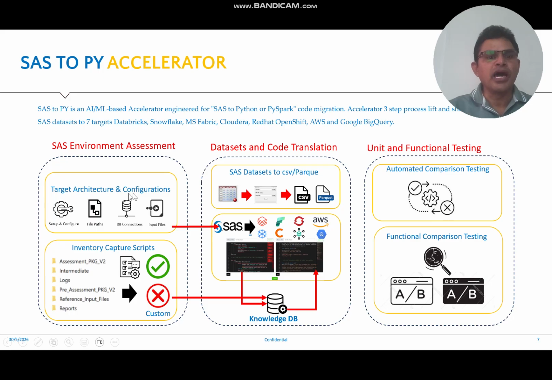The moment you give the target architecture and configurations, we print the target required code configurations, like all the file paths and DB connectivities and input files and the storage locations, everything onto the specific target that you have chosen.